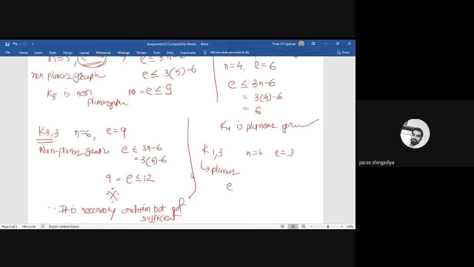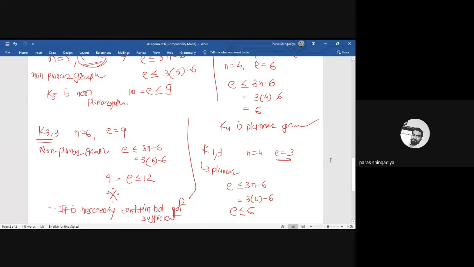So let's check by using the formula how many edges should be there. 3n minus 6, that is 3 times 4 minus 6, which is equal to 6. Clear? It means up to 6 edges it is valid to create a planar graph. And how many edges are there? Here it is 3 edges.